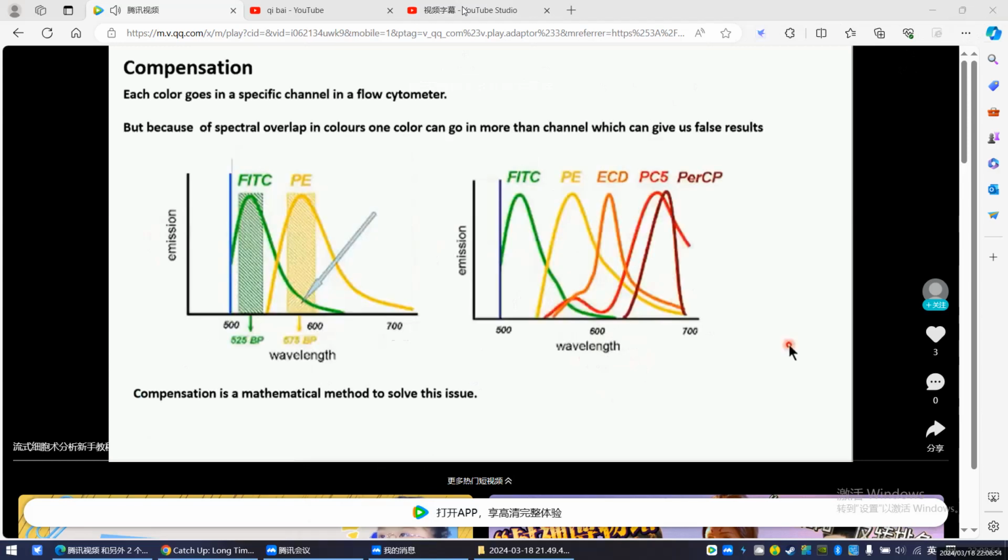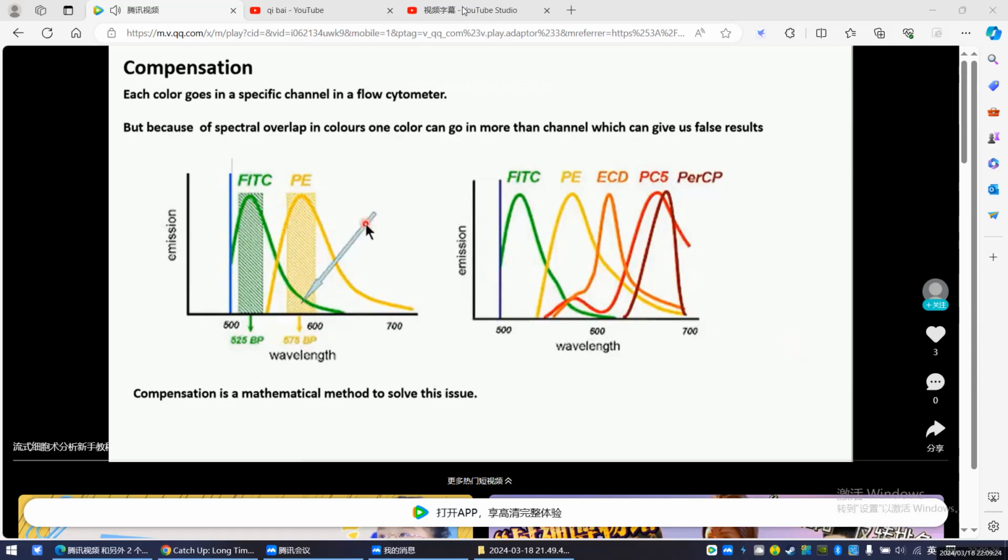So guys, till now everything is looking fine and easy, but here comes the first problem. When we say that we can use multiple colors or multiple antibodies to recognize multiple proteins, we face a big challenge: when you select multiple colors, their spectra can overlap with each other and we can get a false result.